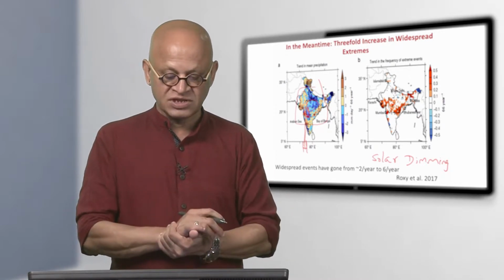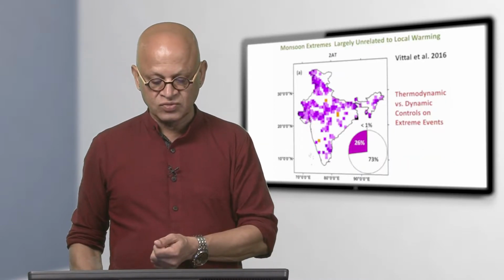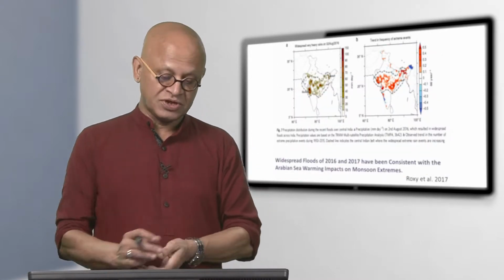So we don't know these things yet, but right now it's safe to assume that the monsoon has been decreasing since about the beginning of the century, in fact.